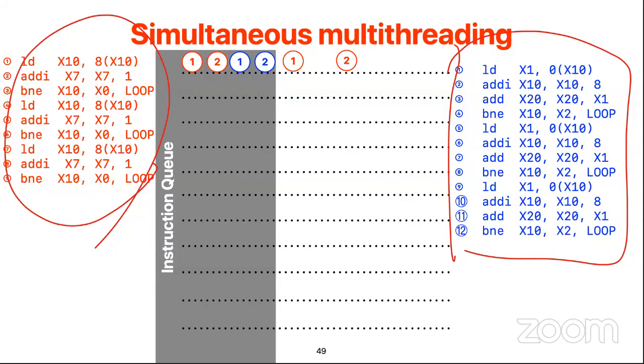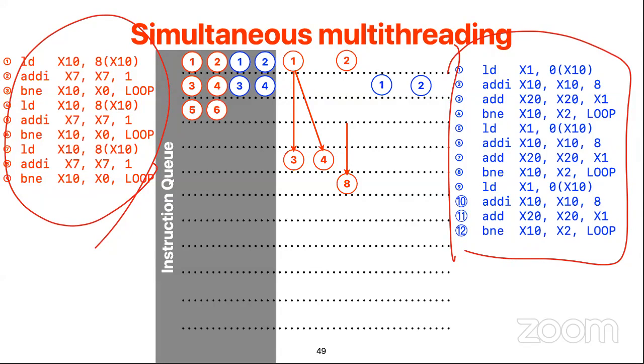In the first cycle, we will schedule the first 2 instructions from the left-hand side. However, in the next cycle, we fetch 3 and 4, and we figure out that we cannot do anything with 3 and 4. So why don't we just put the first instruction and the second instruction from the other thread into execution? And in the meantime, we also fetch 3 and 4 from the other thread. When we fetch 6 and 5, you start to figure out that 5 can be executed immediately.